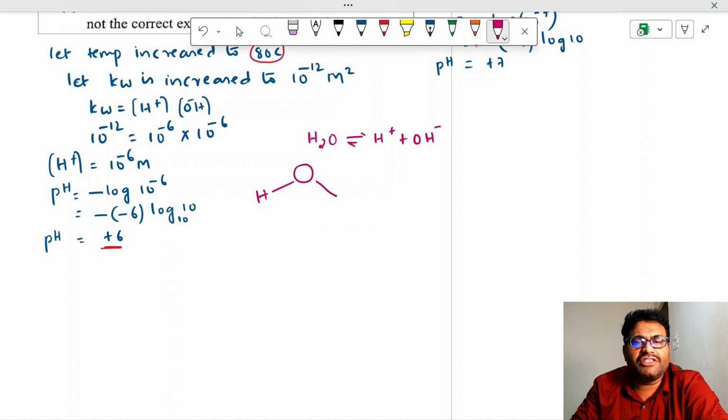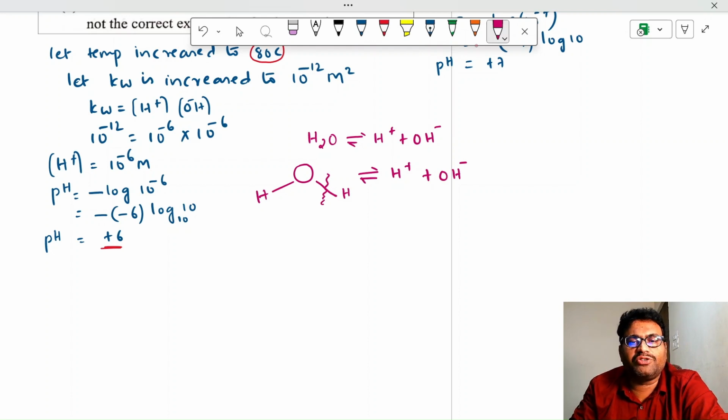Here is hydrogen. If it wants to dissociate into H plus and OH minus, some energy has to be absorbed. This bond has to be broken.